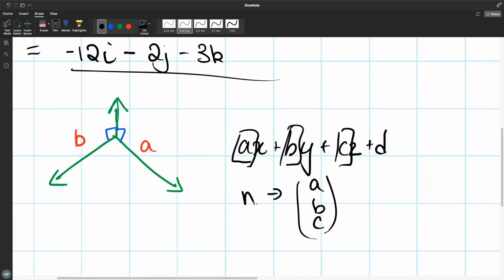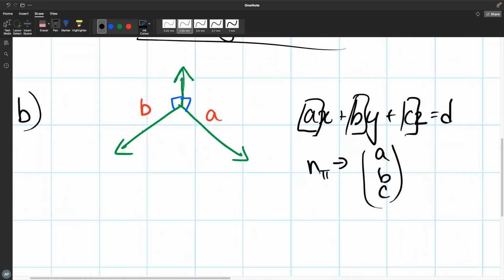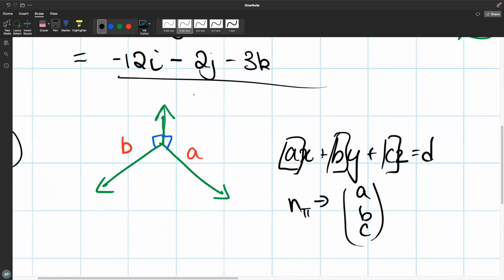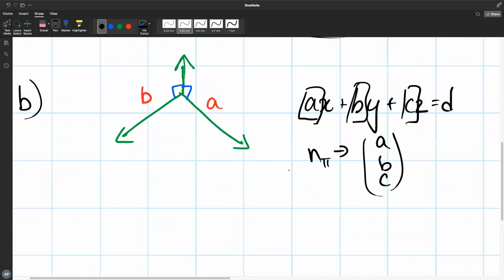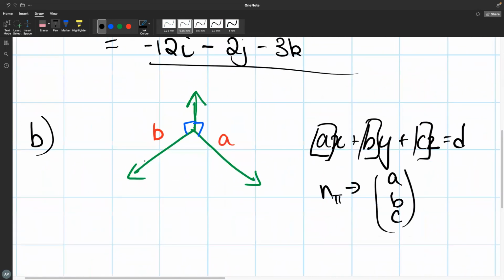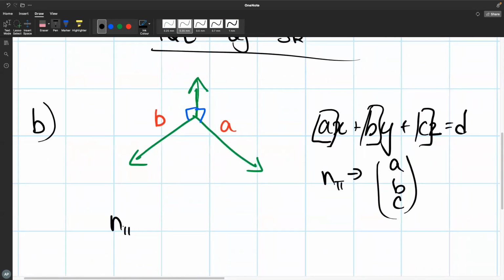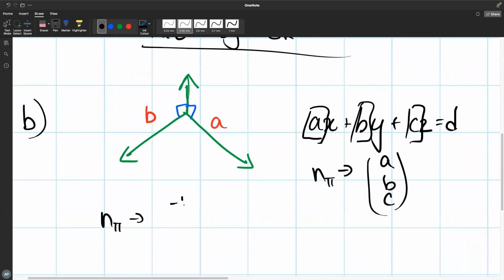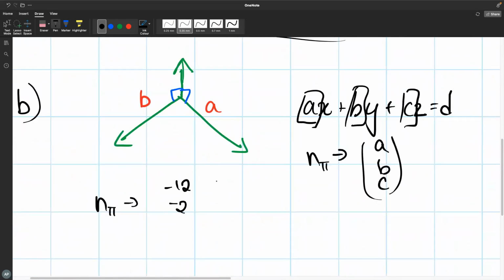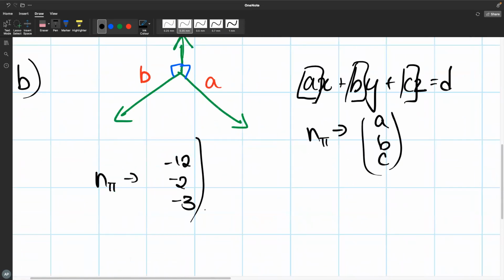So the normal of the plane theta is A, B, and C. Because these two are on the plane, and the cross product of them is perpendicular to both of them, this cross product is the normal of the Cartesian plane we are finding. So the normal of theta is minus 12, minus 2, and minus 3.